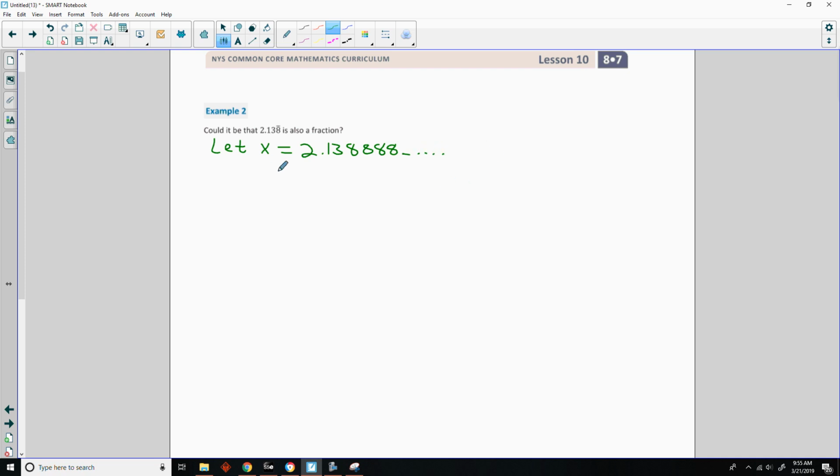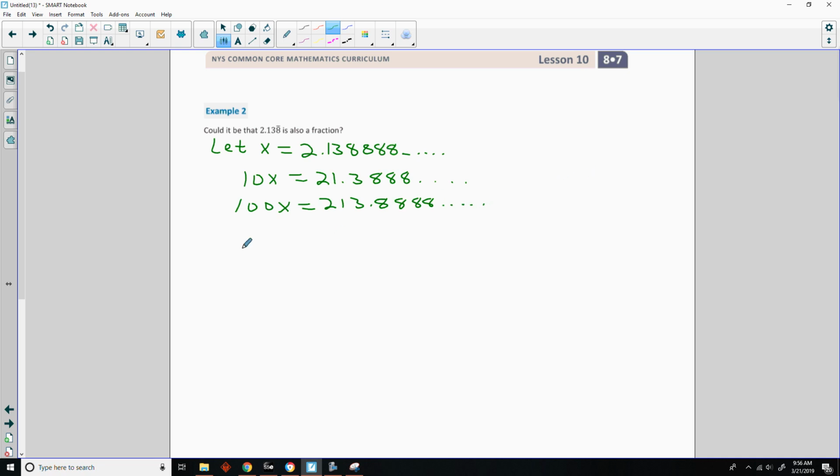Okay, so if we let x equal that, now let's multiply both sides by 10. So I get 10x equals 21.3888 repeating. And then 100x would equal 213.8888 repeating.